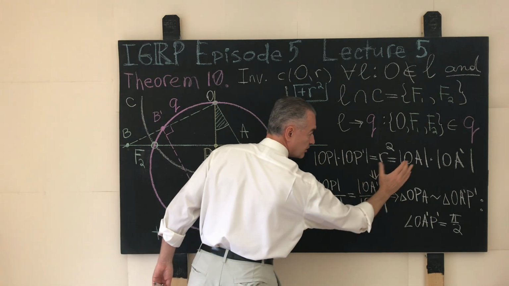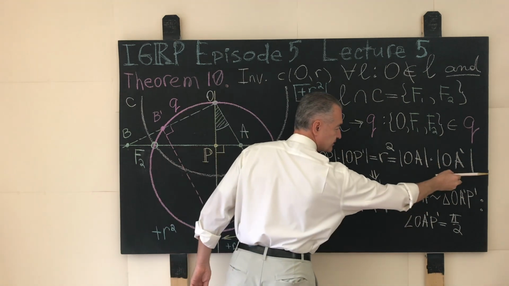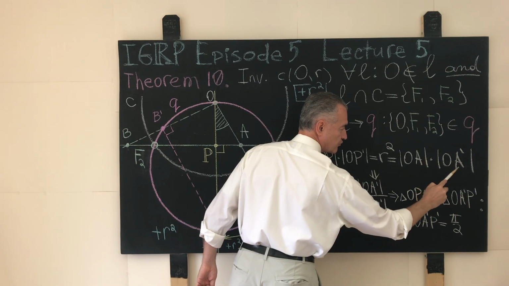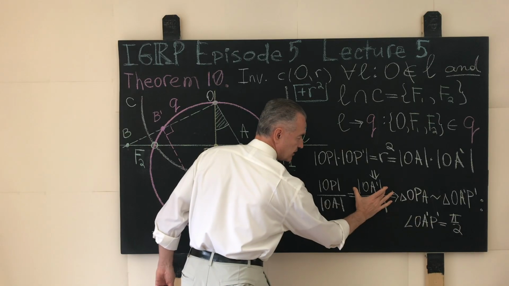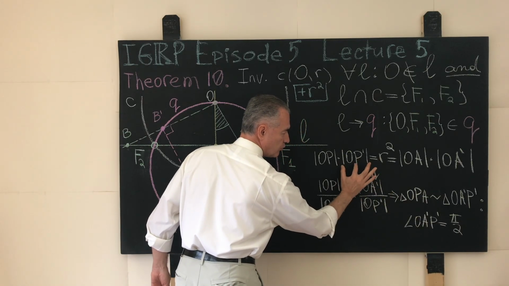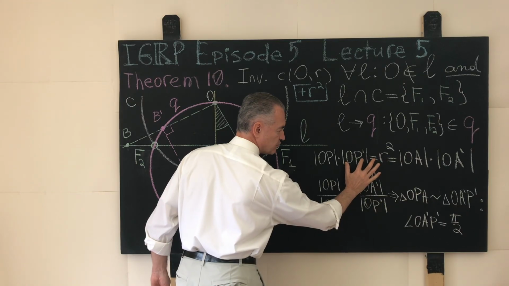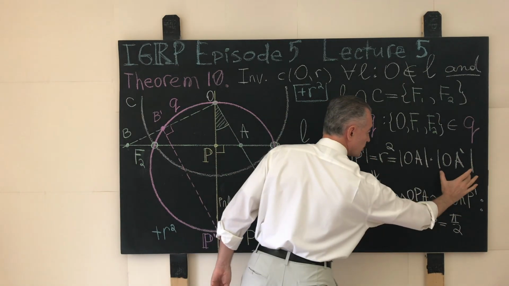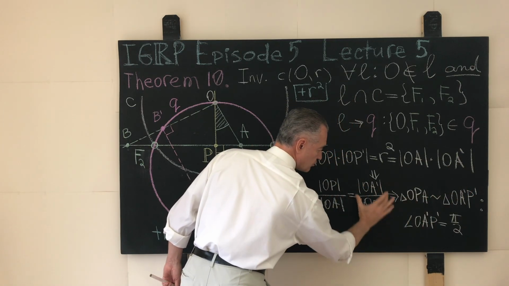And on the right-hand side of the equal sign, we keep the distance from the point O, from the center of inversion to the image point A prime, the same. We keep this guy right here, but we steal this guy, OP prime, the distance from the center of inversion to the image point P prime, and we move it to the right-hand side of the equal sign in the denominator of these two ratios.